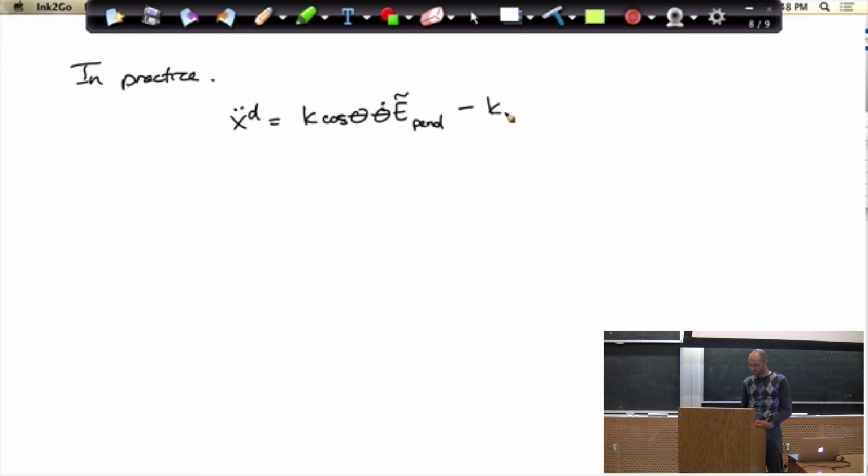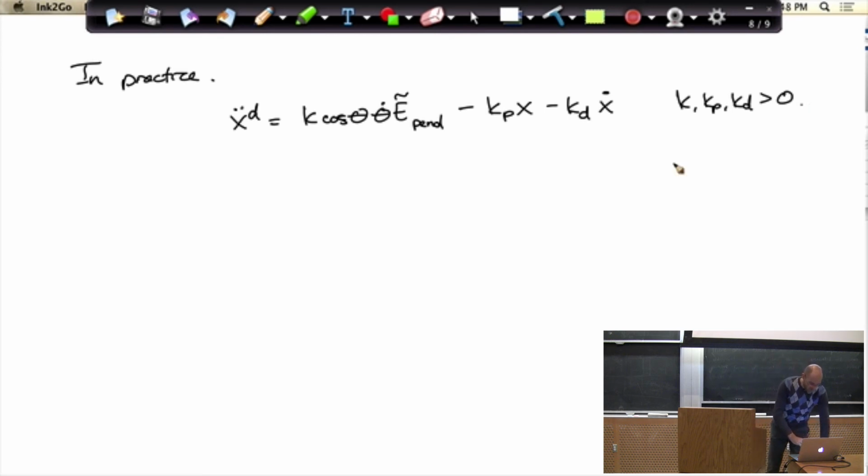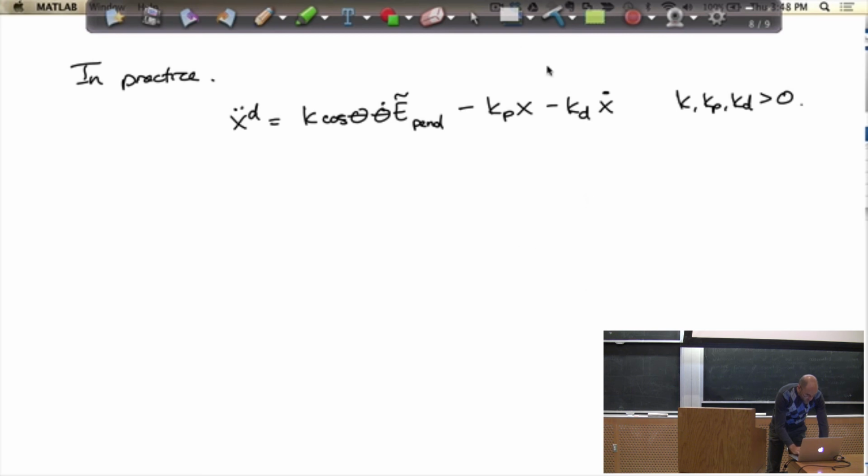And I can add in a few extra terms to stabilize the position of the cart. It's harder to prove that this thing converges, but for suitable choices of these parameters, you can prove it, and people have proven that. And that works too. I'll just show you it working.